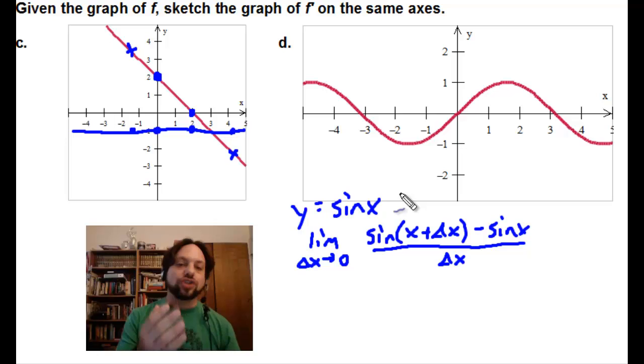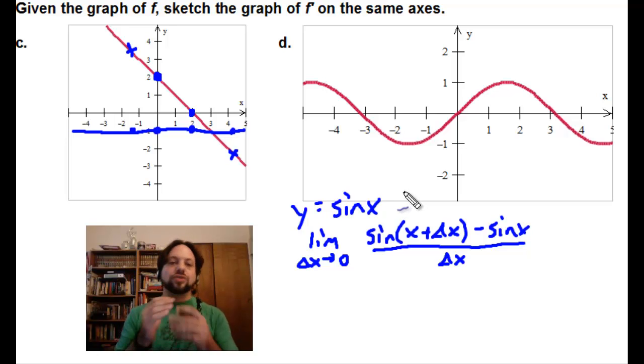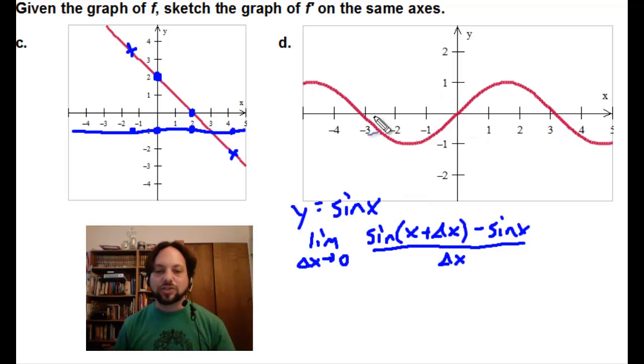But if we're just looking at the graph, do you see anywhere on this sinusoidal graph where it appears the slope of the tangent line would be 0? Well, right here, if we were to draw a tangent line, the slope would be 0. And right here, if we drew a tangent line, or here, or here, all of these places, the tangent lines appear to have a slope of 0.